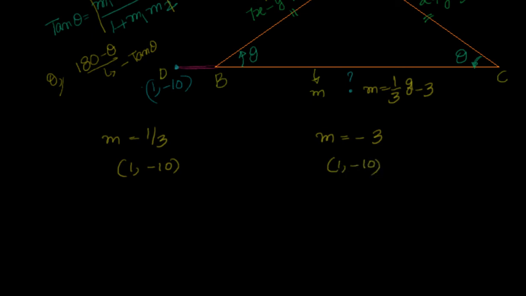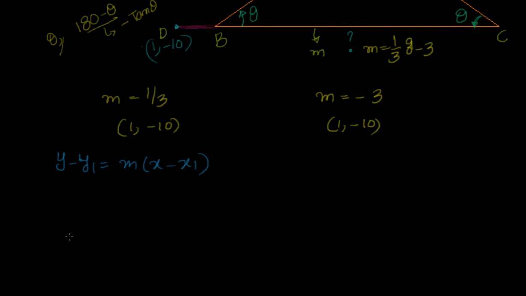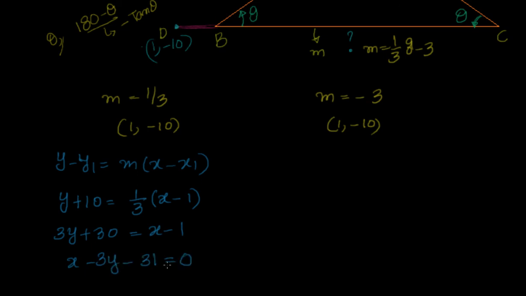It's pretty easy now because we know y minus y1 equal to m into x minus x1. We can substitute in that. I will say y plus 10 equal to 1 by 3 into x minus 1, or 3y plus 30 equal to x minus 1, or x minus 3y minus 31 equal to 0.